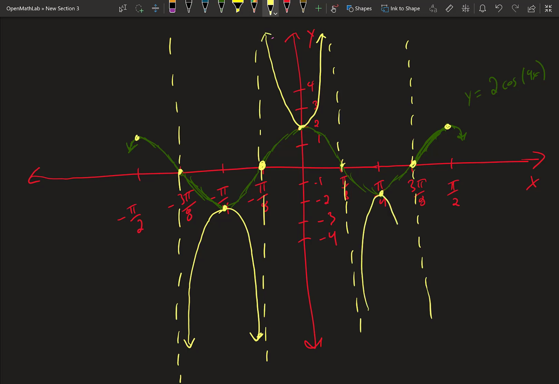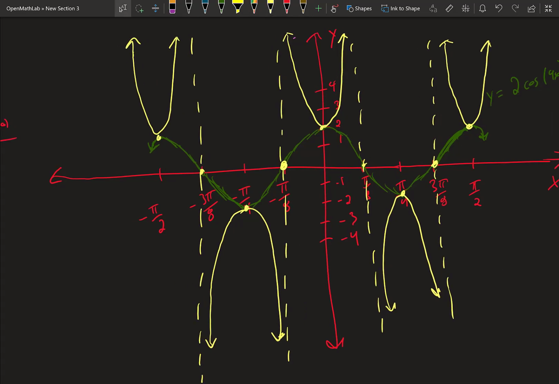Multiple of them. Okay, so then that's our rough graph, right? So then in the yellow, this is y equals 2 secant of 4x, right? So that's how we graph secant.